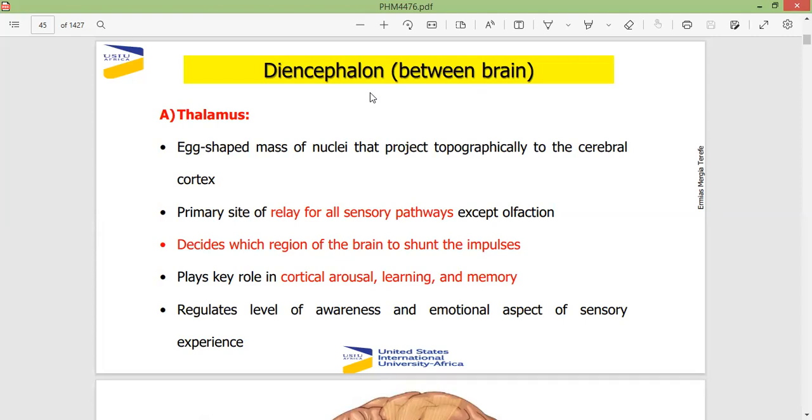The other thing is that when you wear clothes, they stimulate your sensory receptors, right? But you're not always feeling the clothes that you're wearing, because the thalamus deciphers all this information and sends what is relevant to the brain for processing.